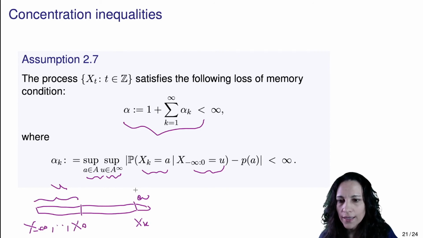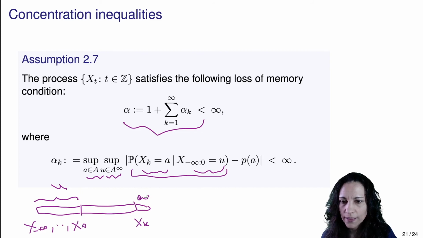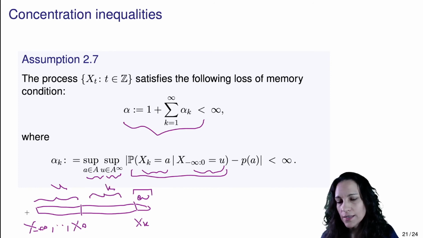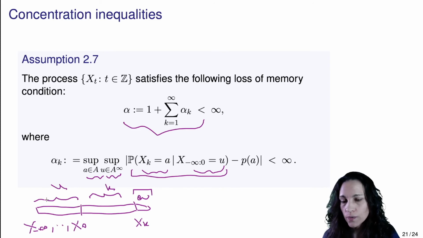So this first probability here is the conditional probability of seeing this symbol here, given that the past, with a gap here of length k, is this infinite sequence u in the past from minus infinity until 0.